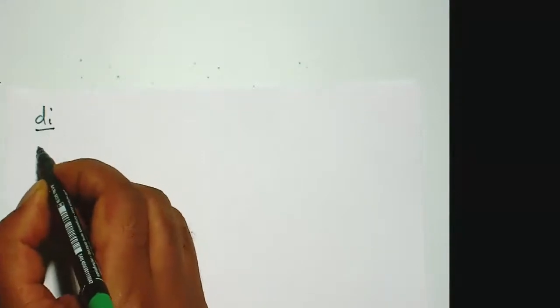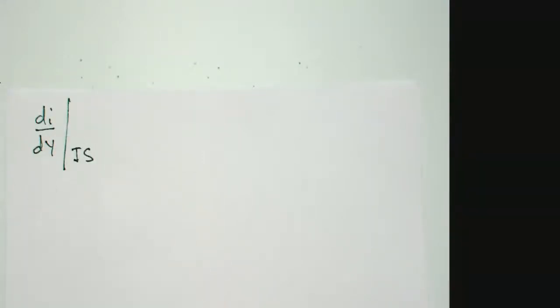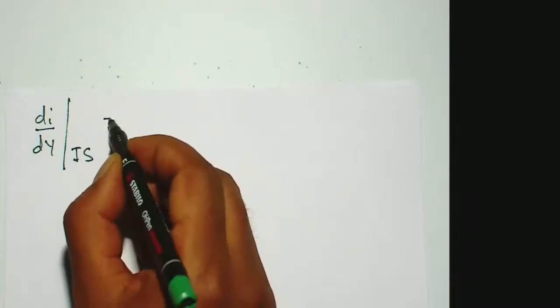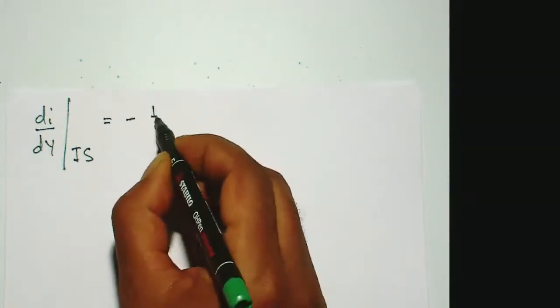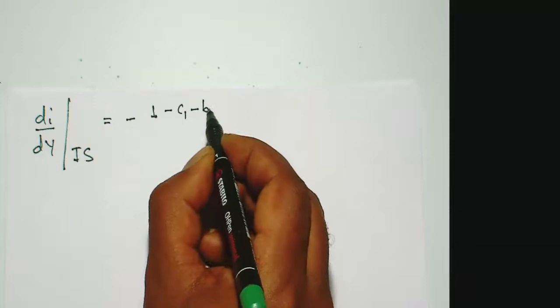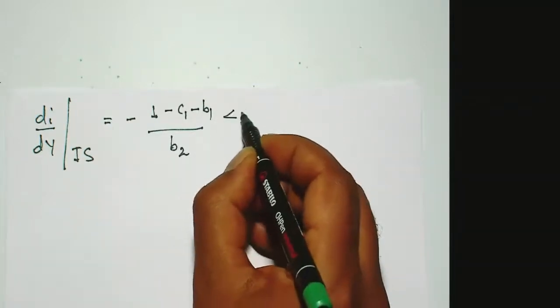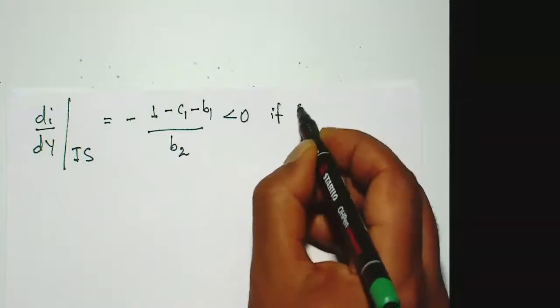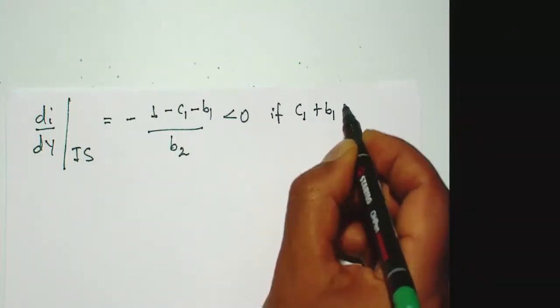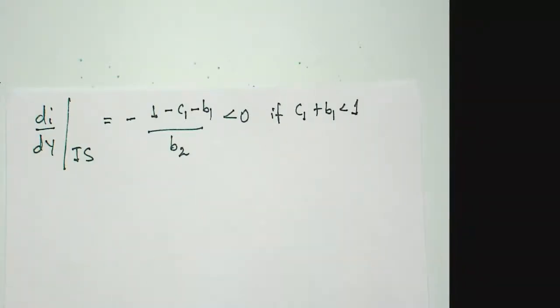We have just said our slope of the IS curve, which is given by di over dy, is equal to minus (1 minus C1 minus B1) over B2, which is less than 0 if C1 plus B1 is less than 1.